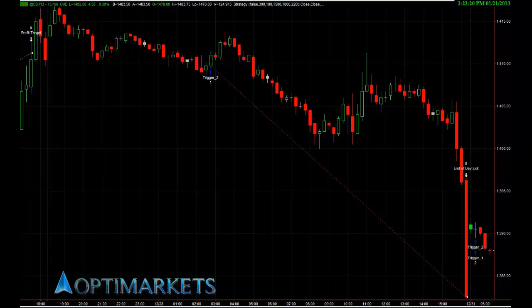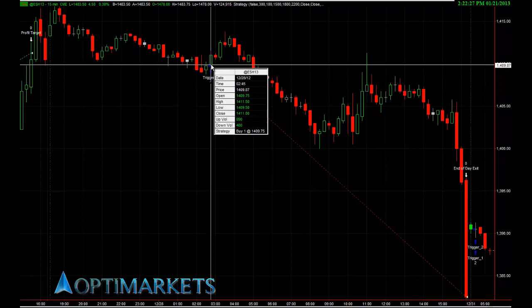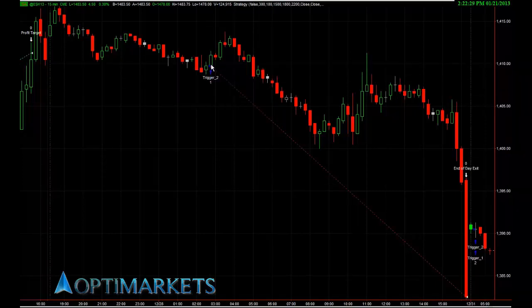Now with a binary option, that entry point may have been a fantastic entry point. And if you bought a binary option, you would have an upside potential and a downside potential, both limited.